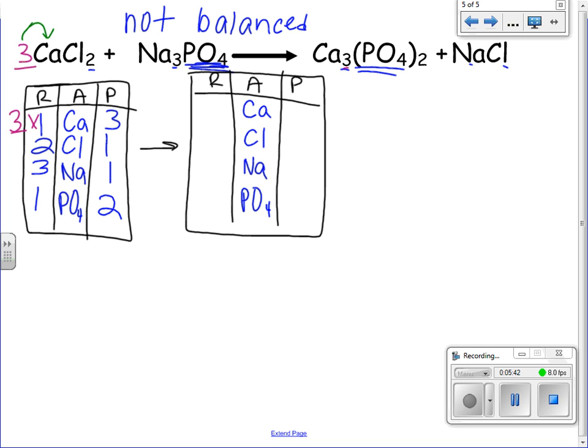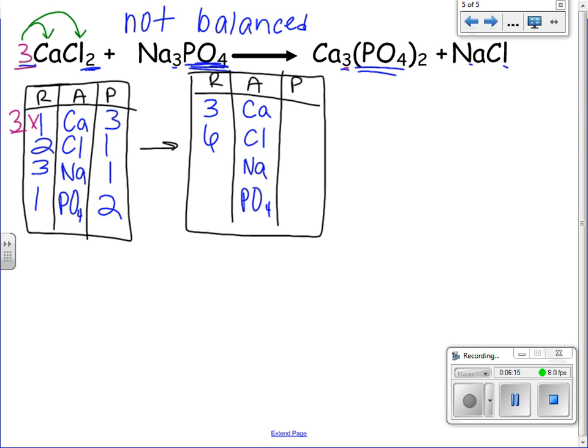And then that 3 is also going to multiply over to our chlorine atoms, right? So we're going to end up with 3 calcium atoms in our reactants because of that coefficient 3 in front of calcium chloride, as well as 6 chlorine atoms in our reactants because this coefficient 3 gets multiplied by that 2 that was already next to chlorine, which is going to give us 6 total, right? 3 times 2 is 6. So now we're going to have 6 chlorine atoms in our reactants.